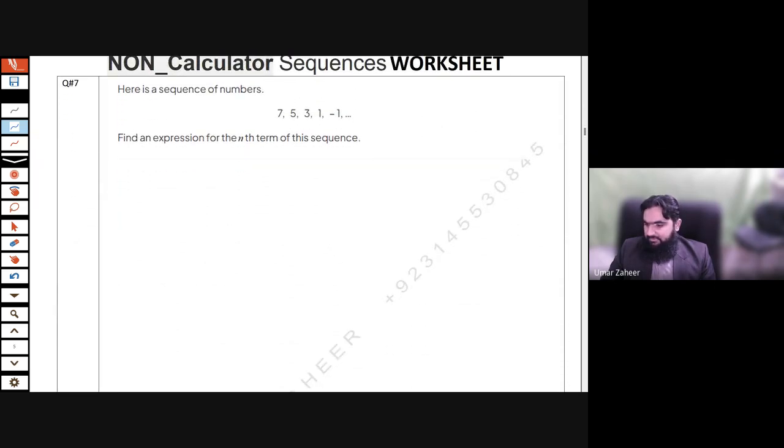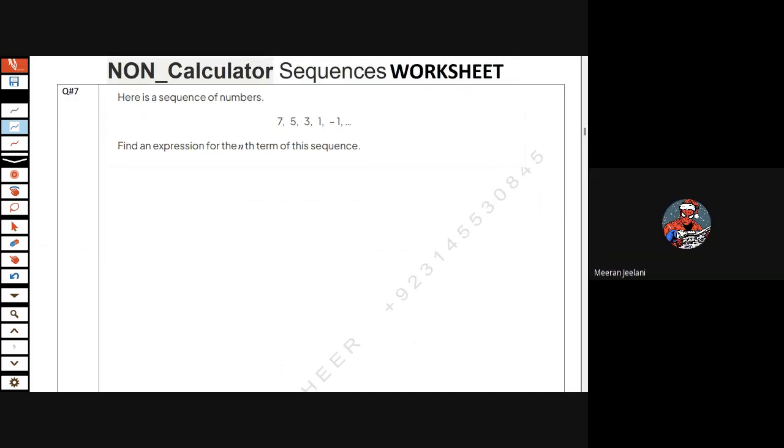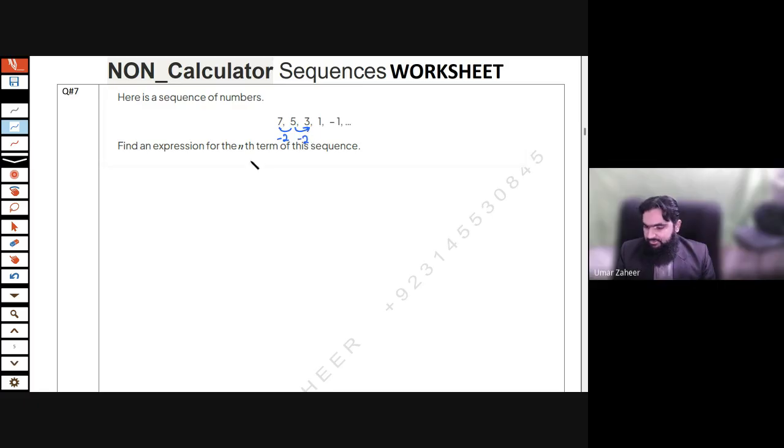Yes, Mehran, tell me about this one. Sir, the difference is minus 2. So we'll write the formula for the nth term. Yeah, don't make a mistake. So a is equal to 7 and d is equal to minus 2.